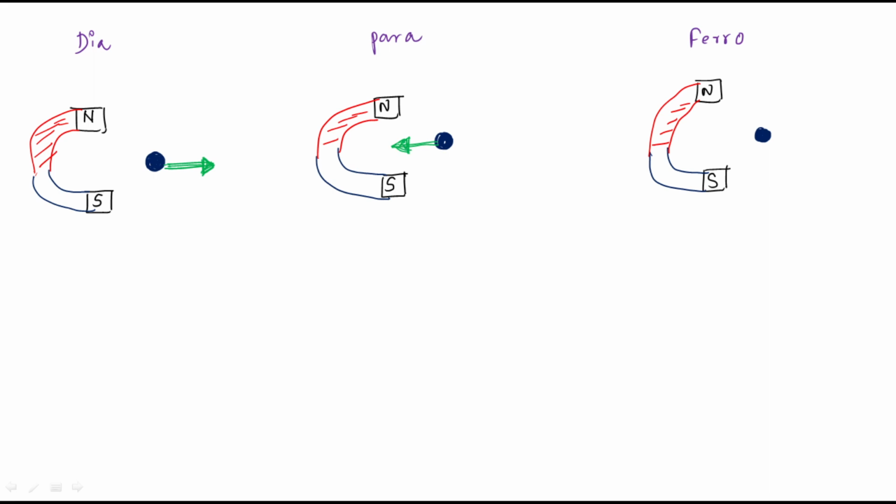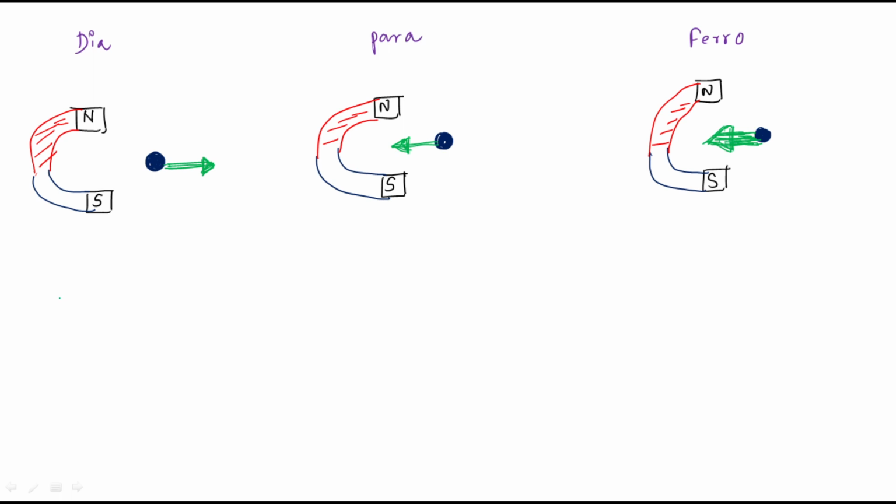The material which is weakly attracted by this magnet is nothing but paramagnetic material. Strongly attracted material is nothing but ferromagnetic.